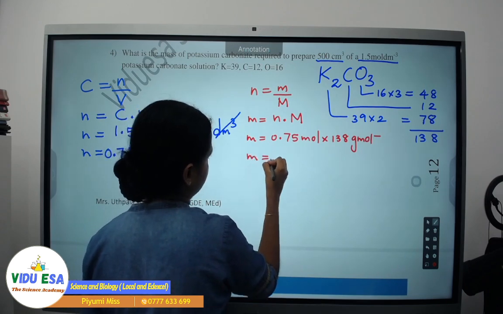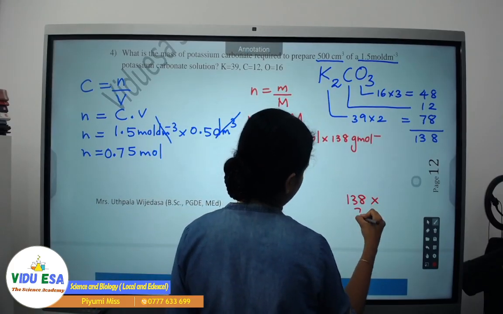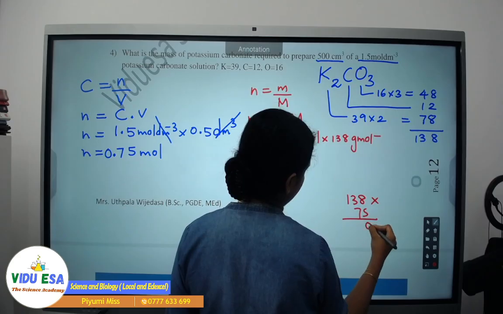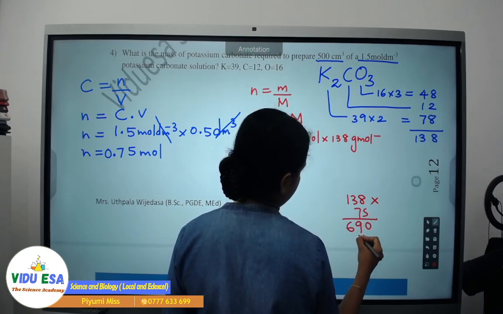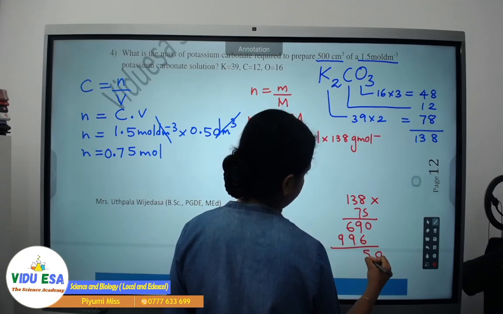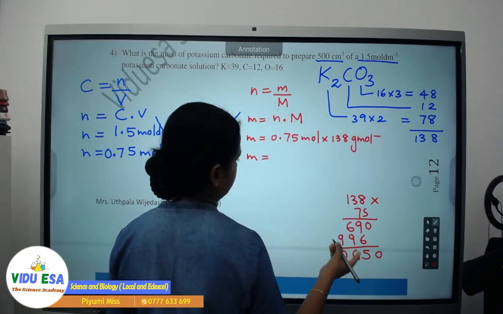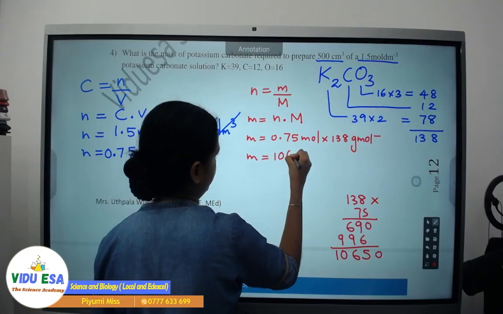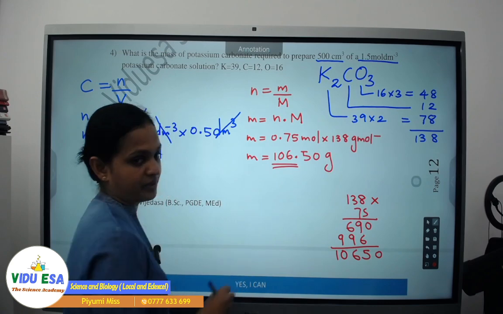So the mass is equal to 138 into 75, with 2 decimals, 106.50 grams.